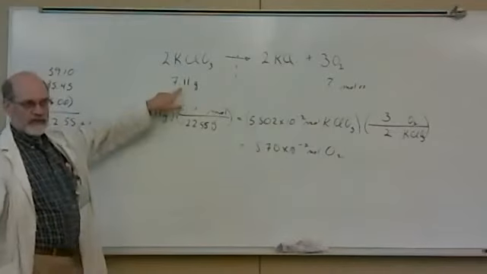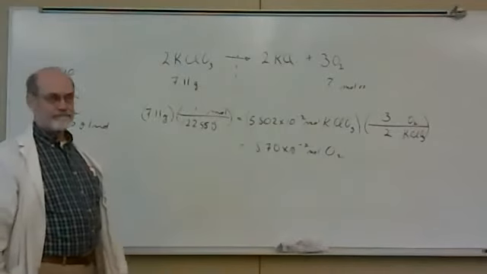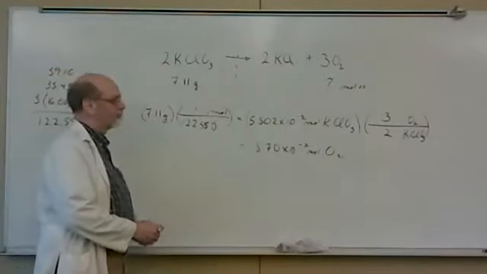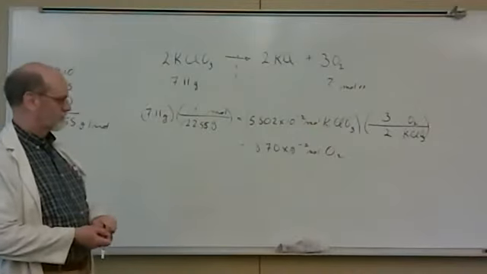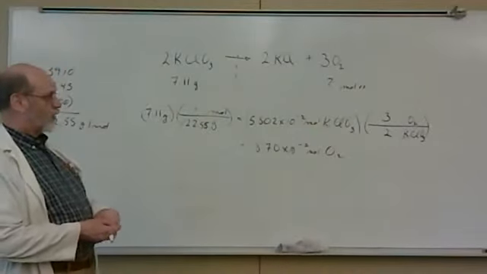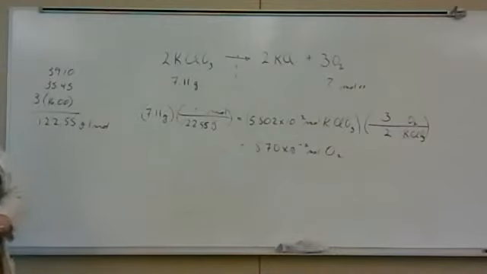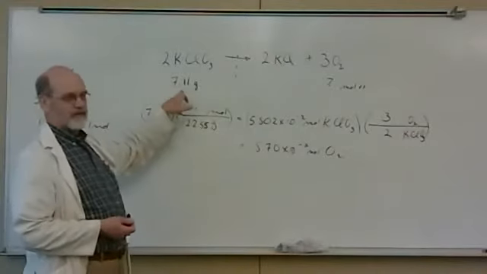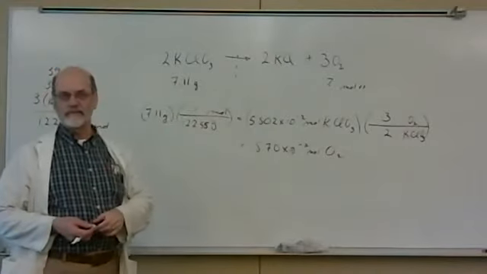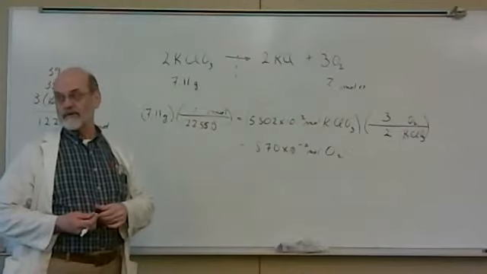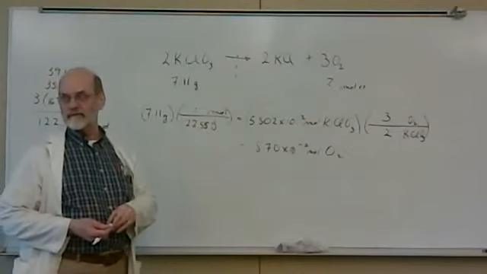That many grams of potassium chlorate. Okay? Now, what would you do if the question had been, what mass of oxygen is produced by the decomposition of this mass of potassium chlorate? It's just another conversion, right?